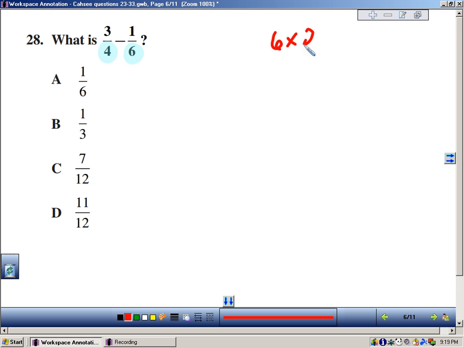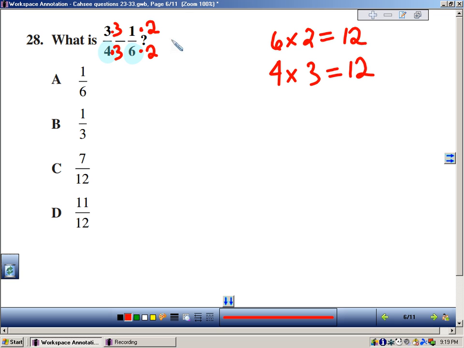That's 12. So that's going to be my least common denominator. 4 times 3 is also 12, so I found it. And so, multiply 6 by 2, 1 by 2, multiply 4 by 3, and 3 by 3.